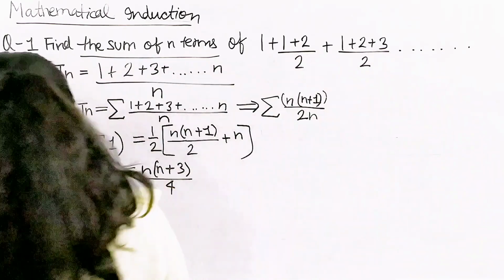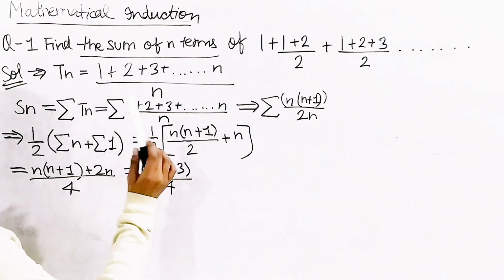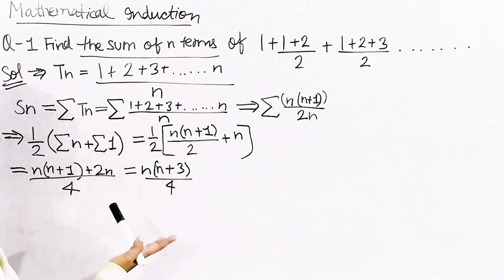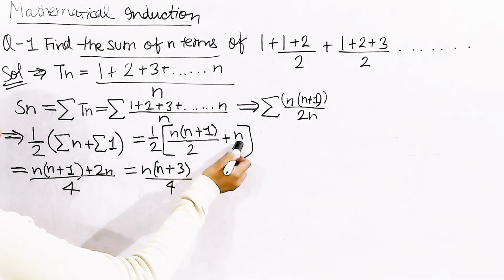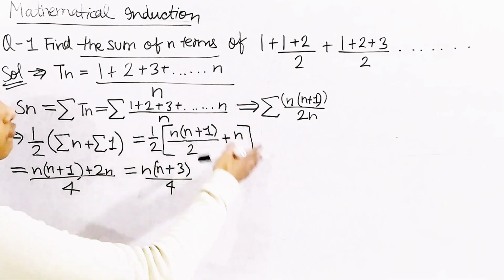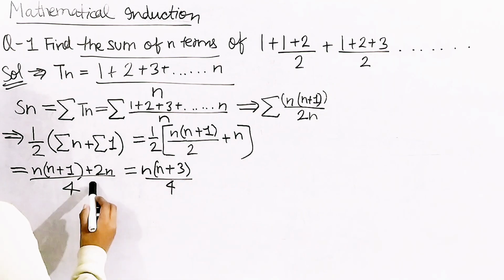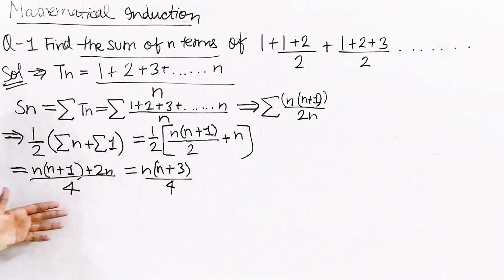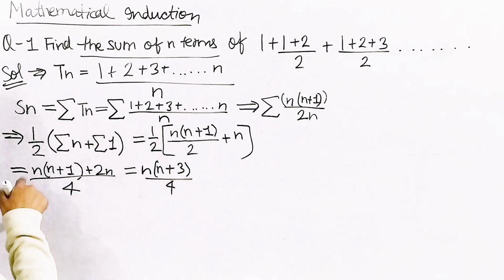In the next step, n times n plus 1 stayed in its place, plus 2n, as n was there, so it came in the numerator, of course. Then the 2n, and in the denominator we got 4. One thing you can see is that the 1 upon 2 is no more here.